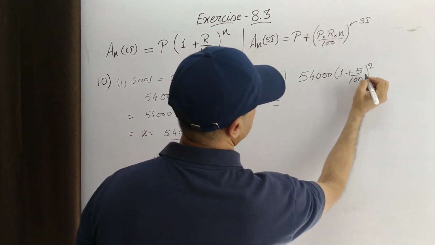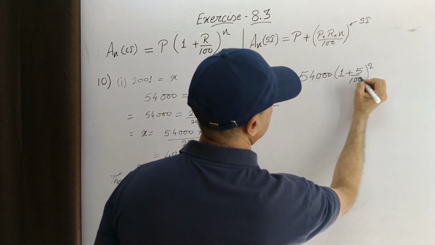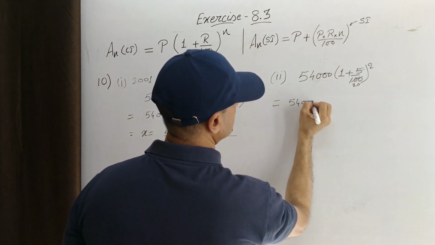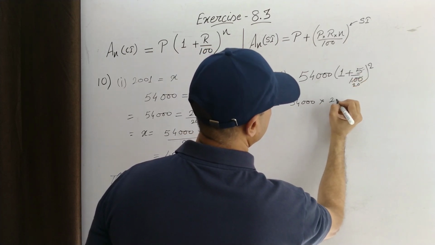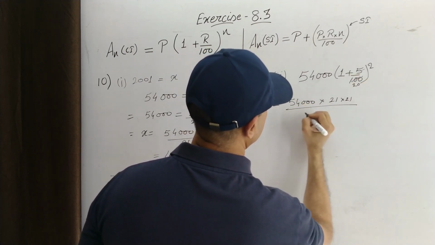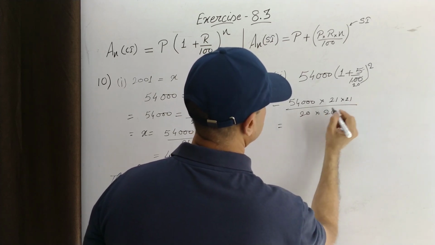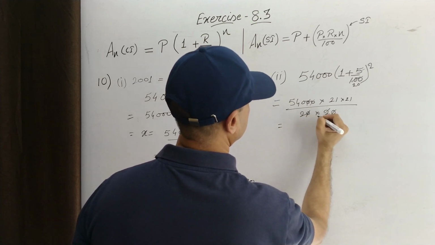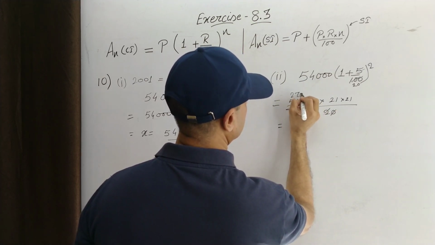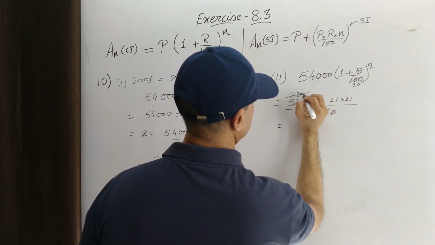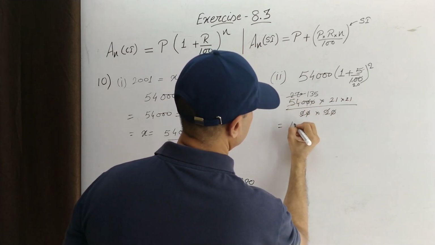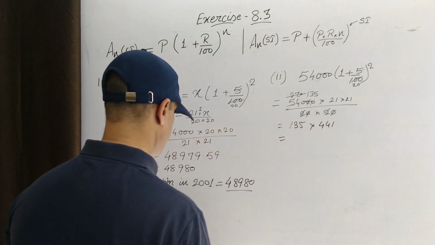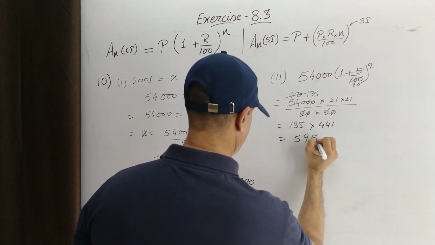So this will be equal to 54,000 into 21 into 21 divided by 20 into 20 is equal to 135 into 21 square is equal to 441, and this is equal to 59535.